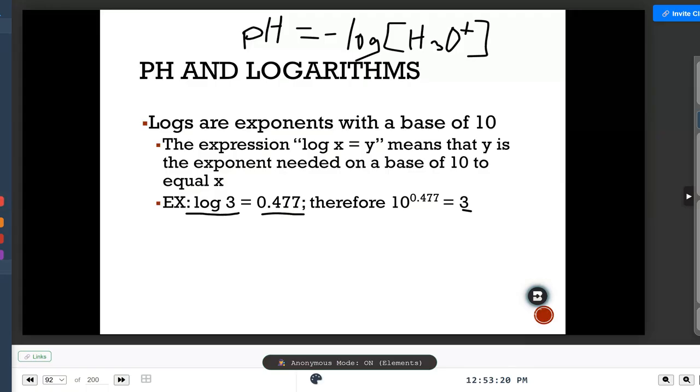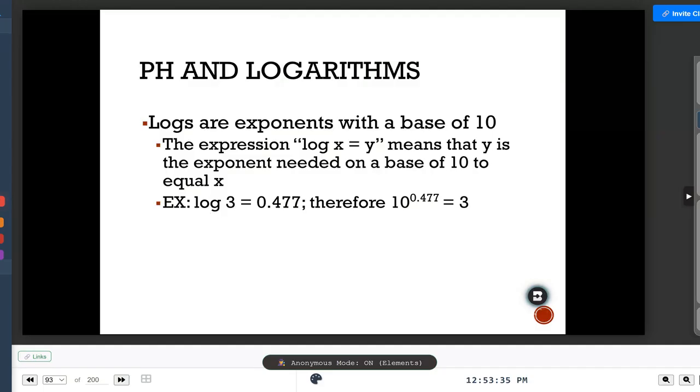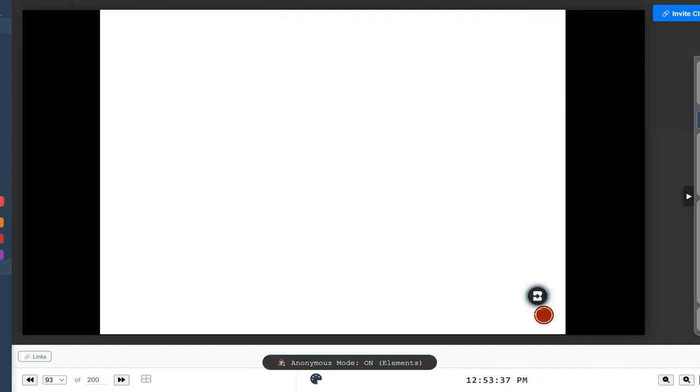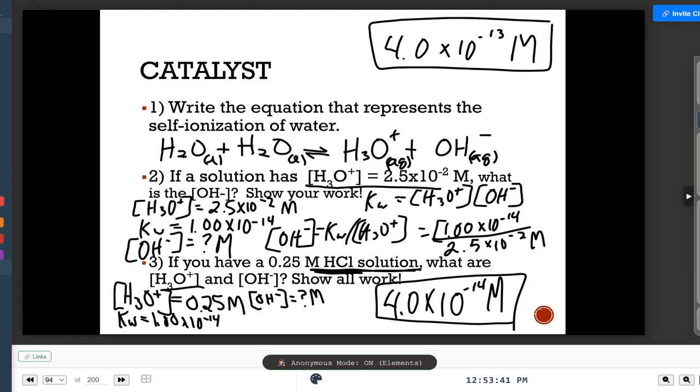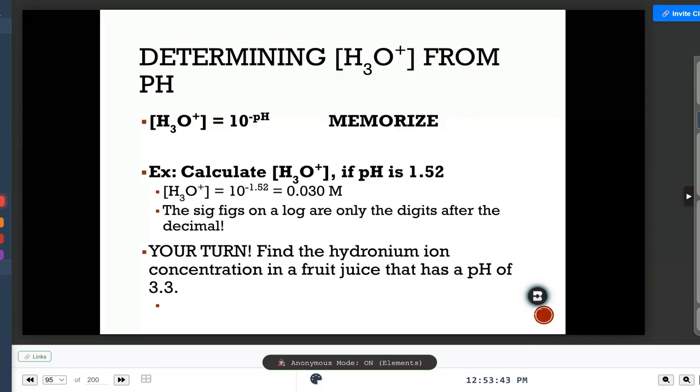So when we did the pH one, remember we took our hydronium ion concentration and were able to figure out our pH value by taking the log of it. Now we can actually go the other direction, and take the pH and figure out a hydronium ion concentration. So let me show you how that works. Okay, so we have our formula here that you're also going to want to learn.